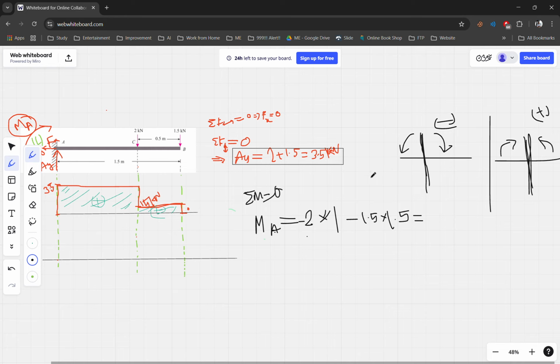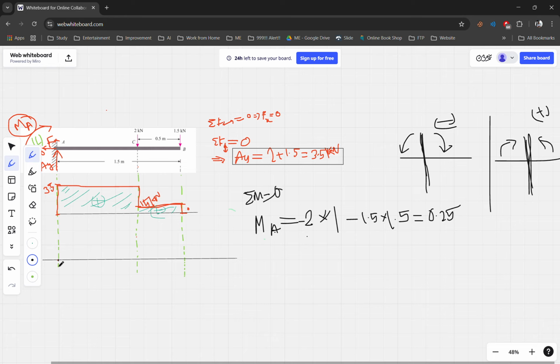So the value of MA will be 2 minus 1.5 into 1.5, that will be 0.25. Okay, so this is at the point of MA.